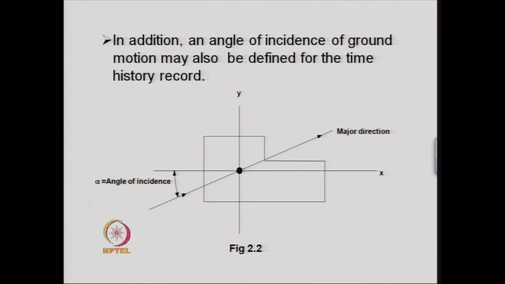That is, the major direction of the earthquake ground motion or the seismic wave propagation is at an inclination of alpha with the major axis.